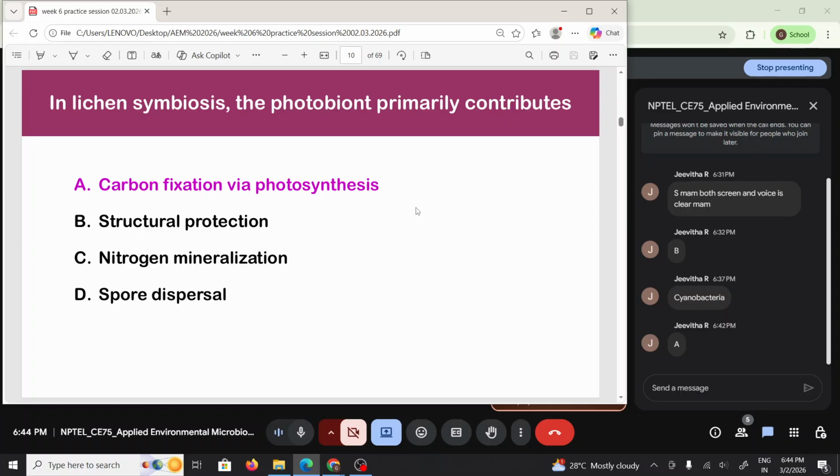And when we talk about spore disposal, we know that the fungus or the mycobiont part is going to produce spores for further propagation of this association. The answer here is the photobiont component in lichen symbiosis contributes to carbon fixation via photosynthesis.